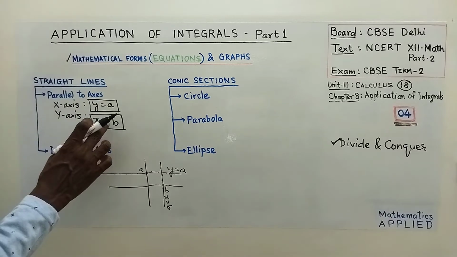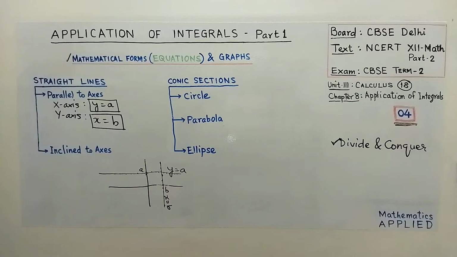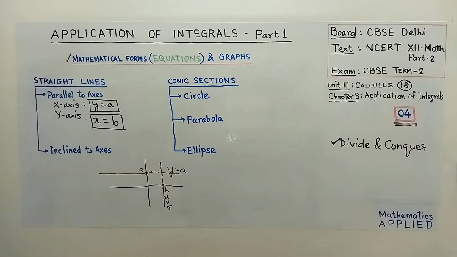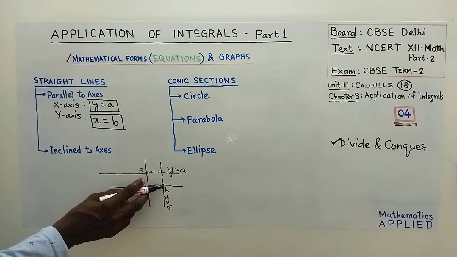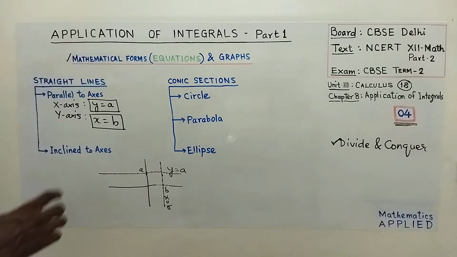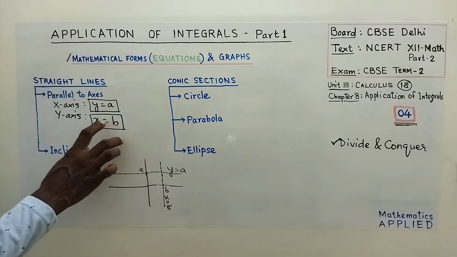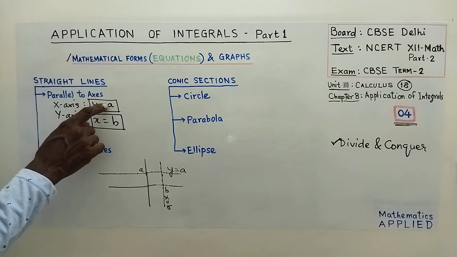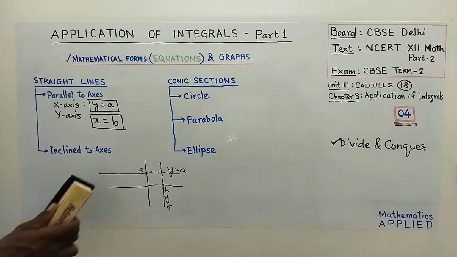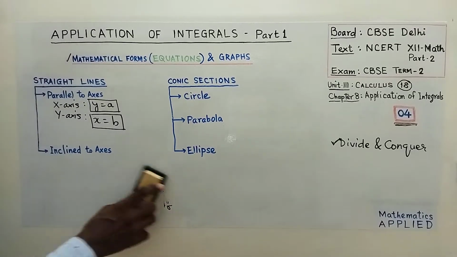For example, x equal to 4 means a line parallel to y axis cutting the x axis at 4. So these are the two sets of lines. It can be x equal to plus or minus some value, y equal to plus or minus some value, parallel to x axis and y axis.